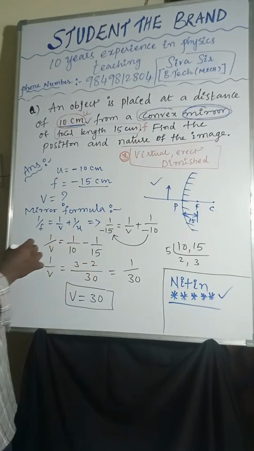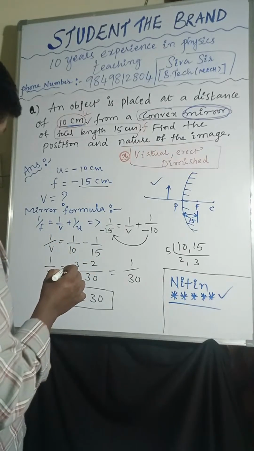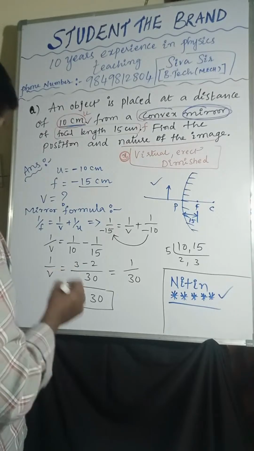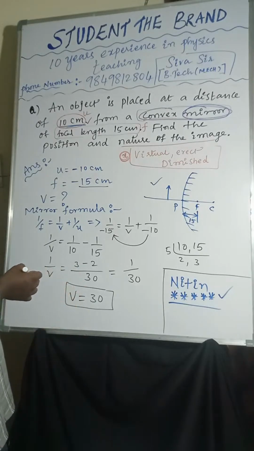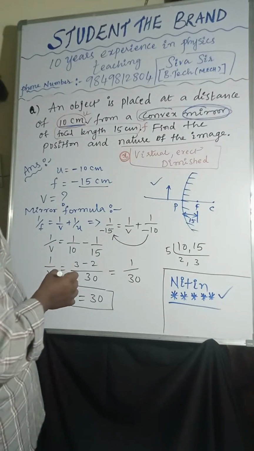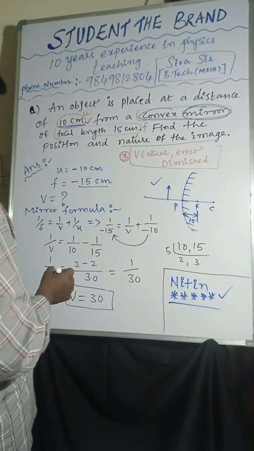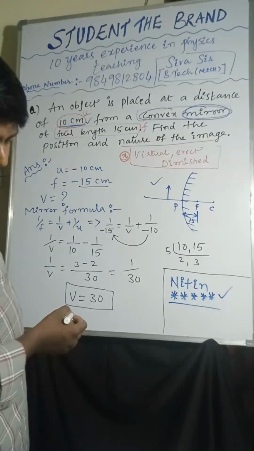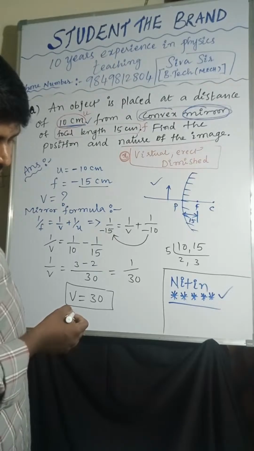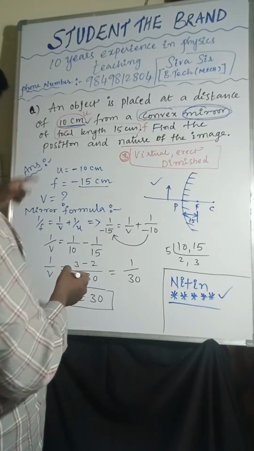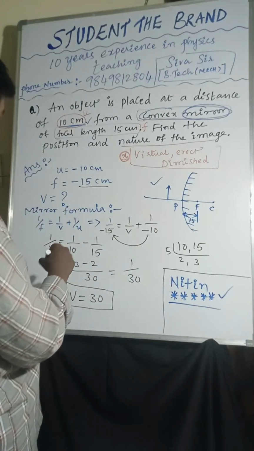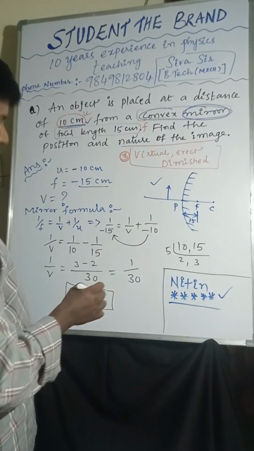Find the position and nature of the image. Over here we can see 1 by 10, 1 by 15, mirror formula.